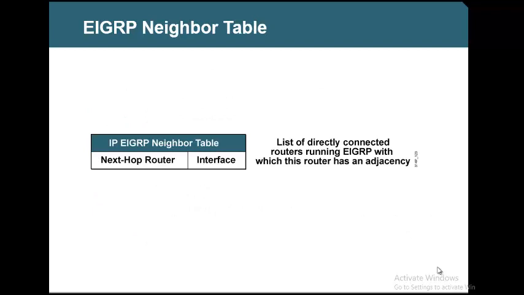Now, EIGRP also maintains neighbors like OSPF, IS-IS and BGP. Using hello packets, they discover neighbors, and the learned neighbor and the interface via which the neighbor is learned will be maintained in a table, which is called the neighbor table.